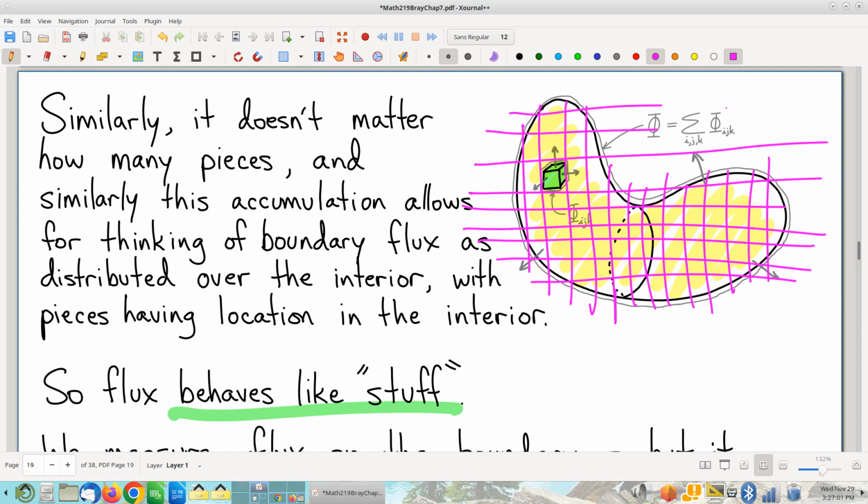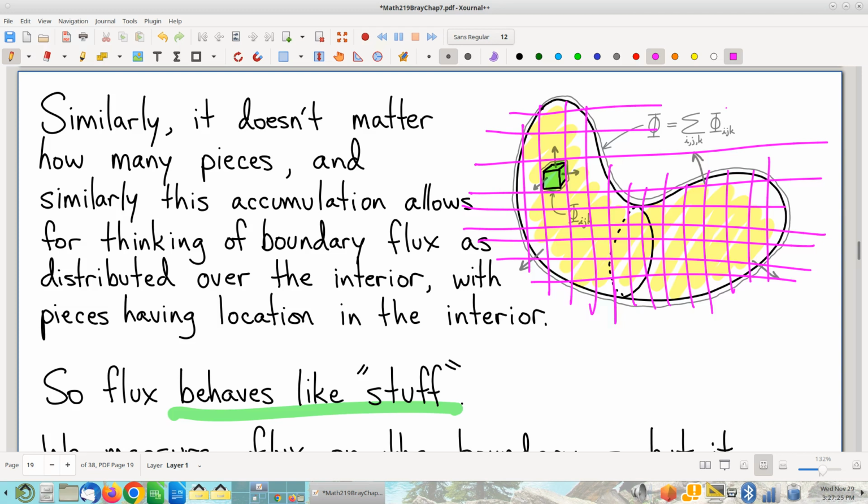Right? And I can compute how much of the accumulating quantity is in each one of these little boxes. And how much of the whole is the sum of the parts, so whether I think of the accumulating quantity for the whole or whether I think of the individual little boxes and the accumulating quantity for each one of those, it's still the same thing.